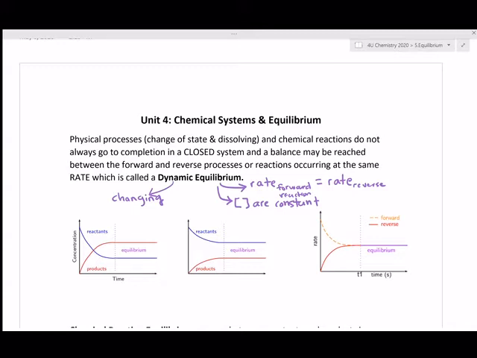So this is reflected nicely on these graphs. These are concentration graphs. Notice reactants would always decrease at first because they're going to get used up. Products will always increase. And when we've decided with this dotted line that equilibrium has begun, the concentrations don't change anymore.